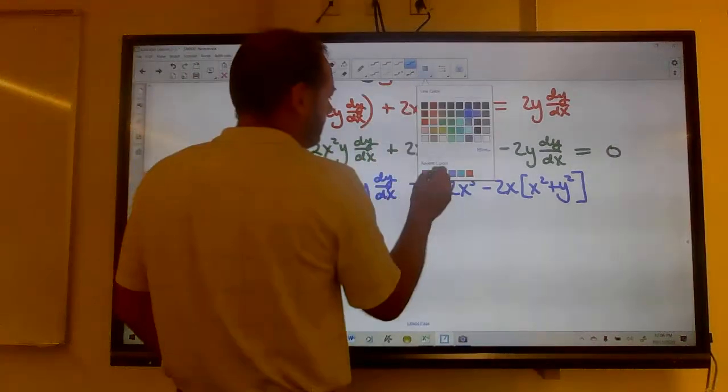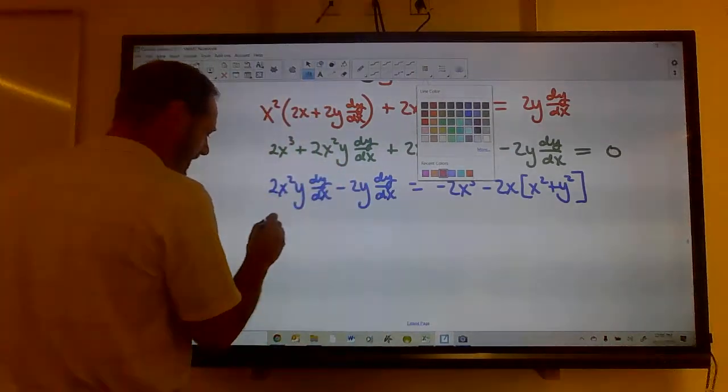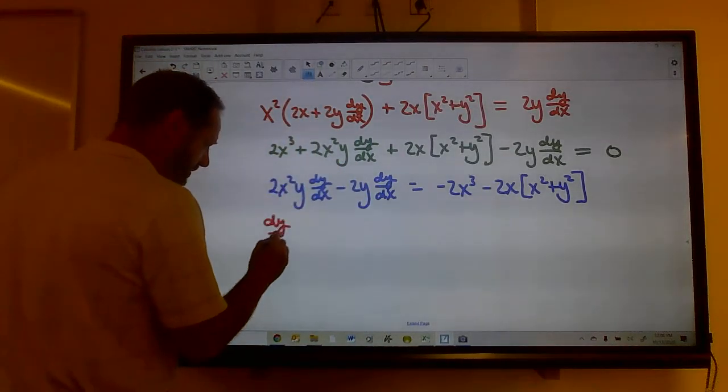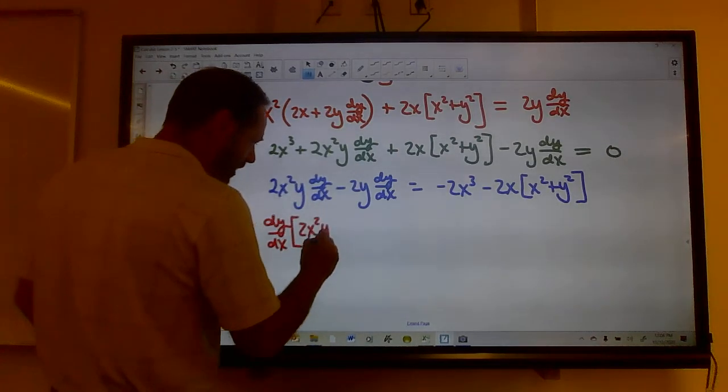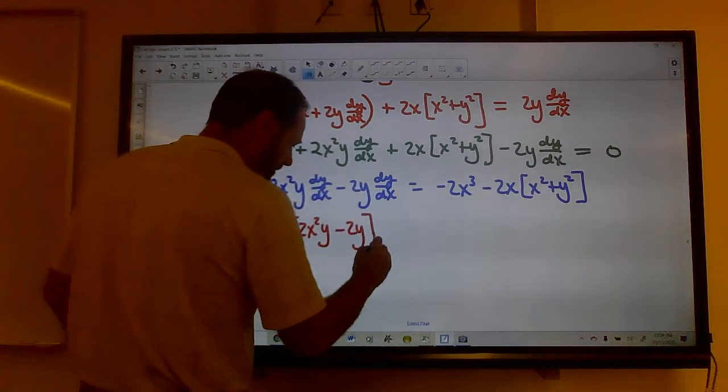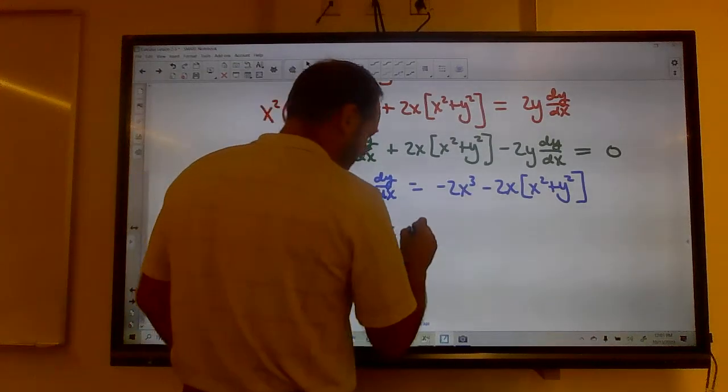Now over here, I can factor out the dy dx. 2x squared y minus 2y equals, I'm not going to do anything with this stuff over here.